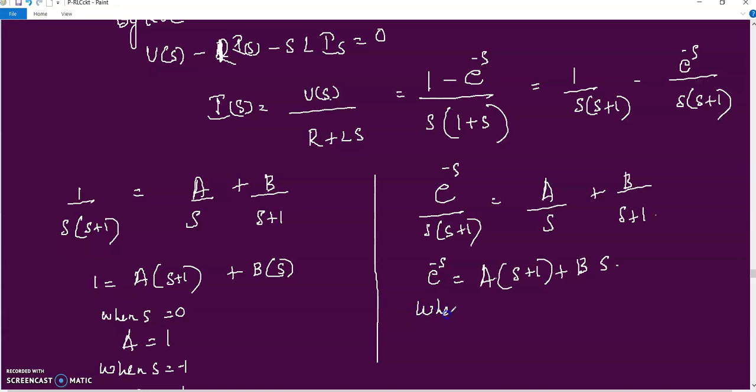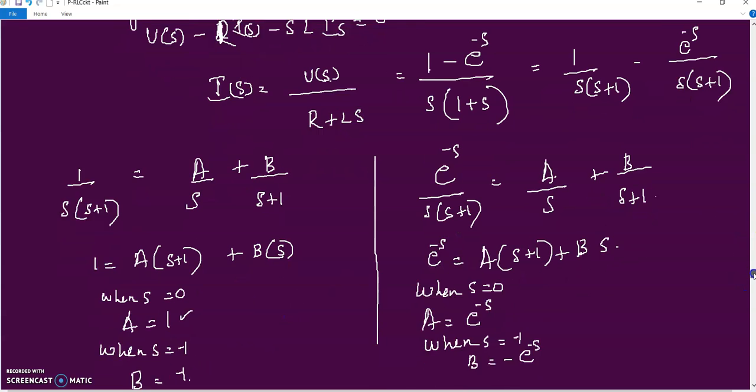So when s is equal to 0, we will have A is equal to e raised to minus s, and when s is equal to minus 1, we will have B is equal to minus e raised to minus s. So here we have the positive term of the numerator and the negative term of the numerator as A and B.